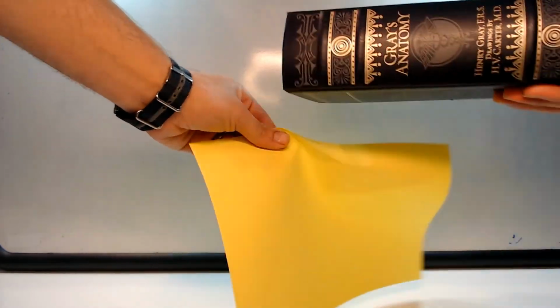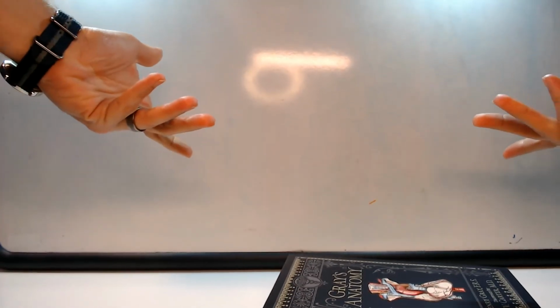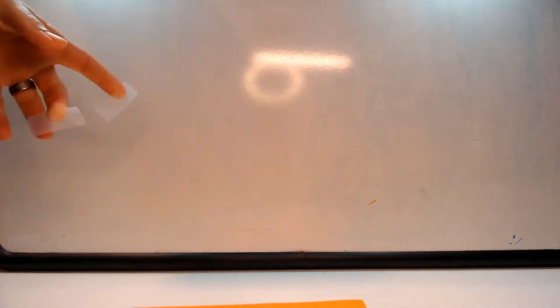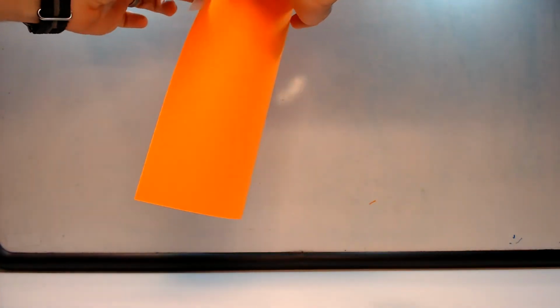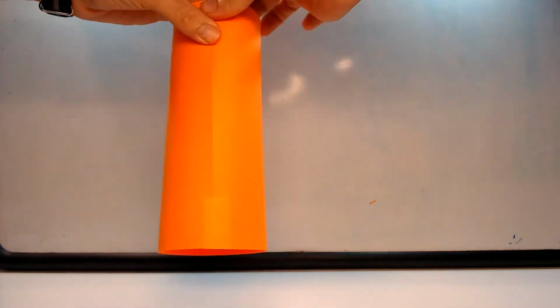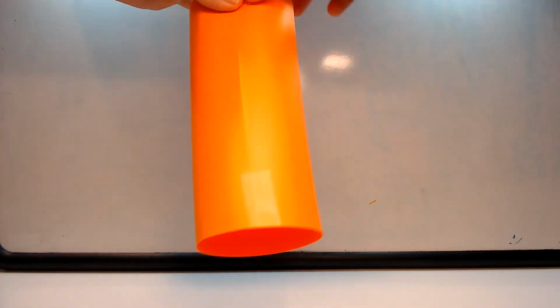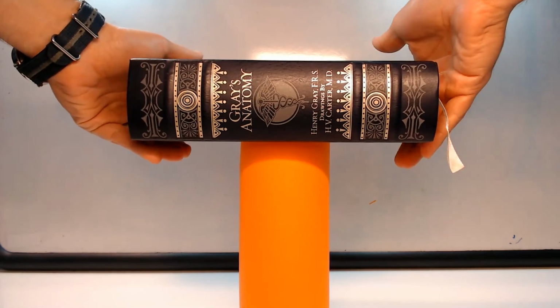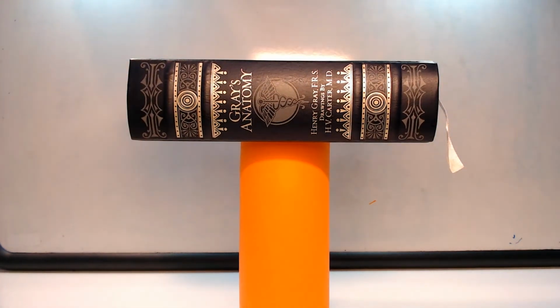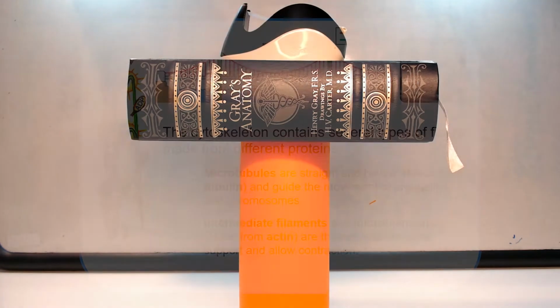But if I were to take that sheet of paper and I were to roll it into a cylinder, well, now it's got a little bit more sturdiness to it. It can resist. It has compressional support. I could probably even put a book on top of that sheet of paper, you see? So arranging a protein into this nice kind of cylindrical column, like a microtubule is, gives you that nice compressional support. So it provides mechanical support for the cell.